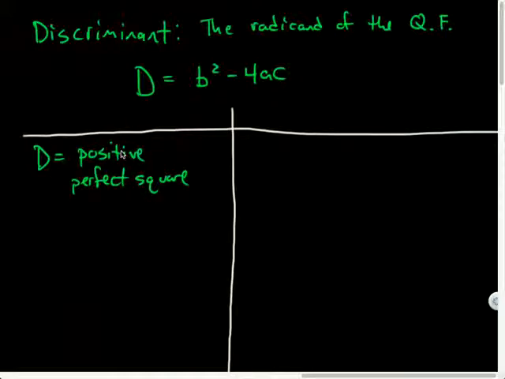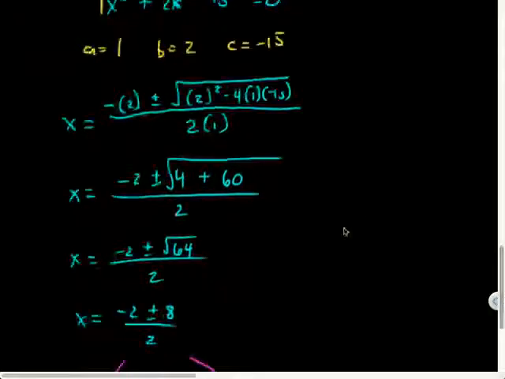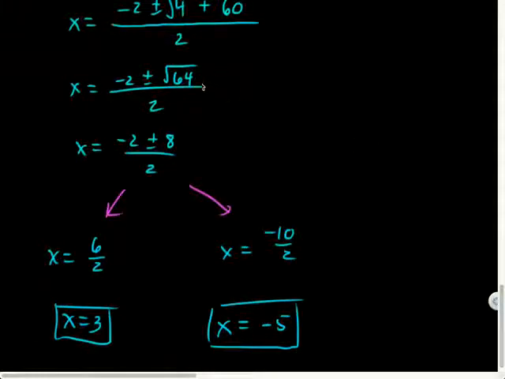So if D is positive and a perfect square, well, think about what happened in our situation over here. The radicand was positive 64. So it was positive and a perfect square. What kinds of answers did that result in? Whole answers, not fractions. They are rational.